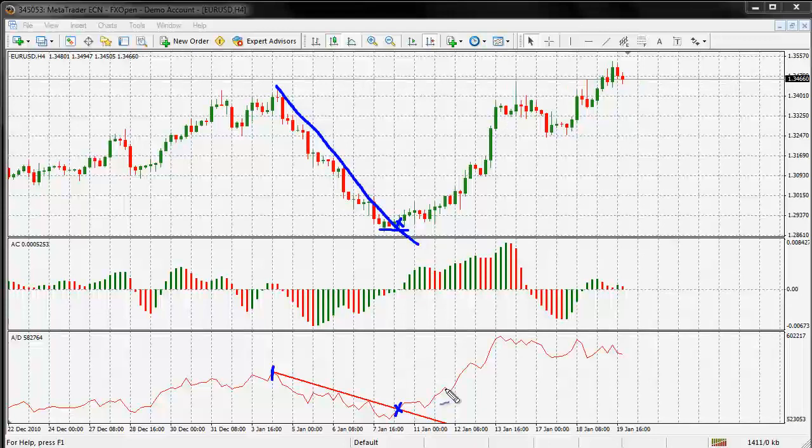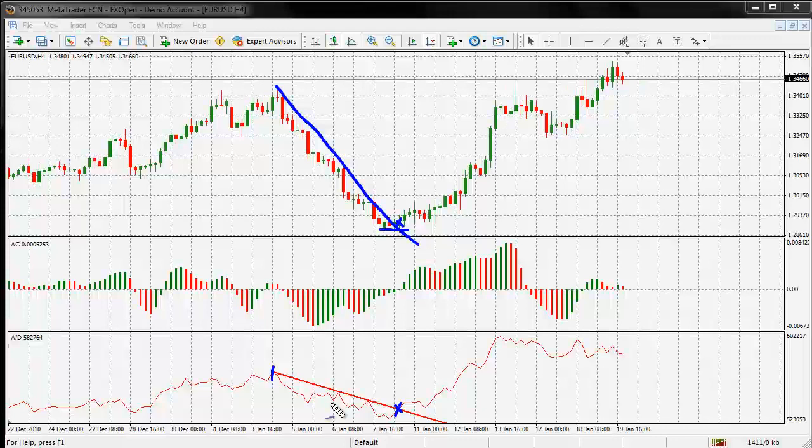Let me just step back a couple of moments. The best way to actually get into a trade is by having a set of rules. One, identify the trend. Two, identify the signal. Three, find a confirmation.